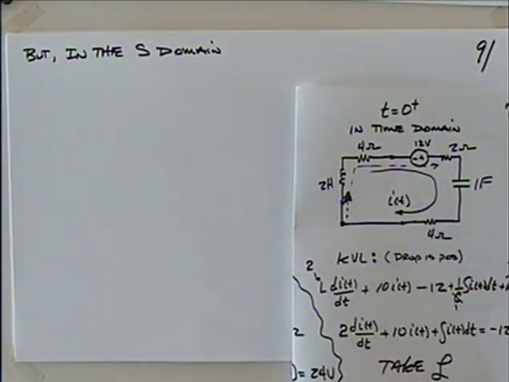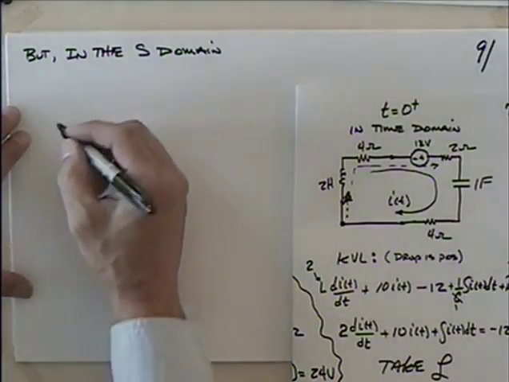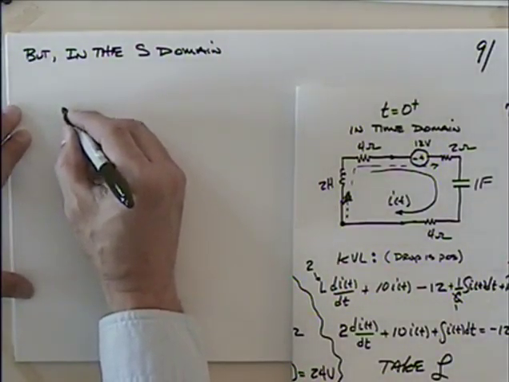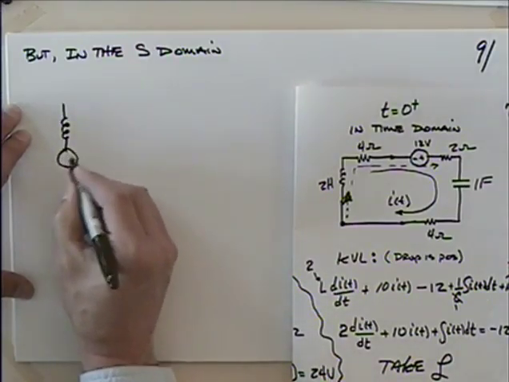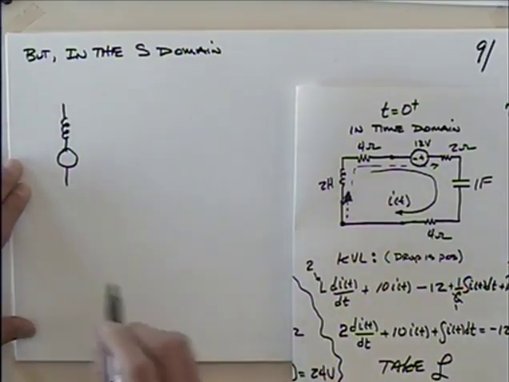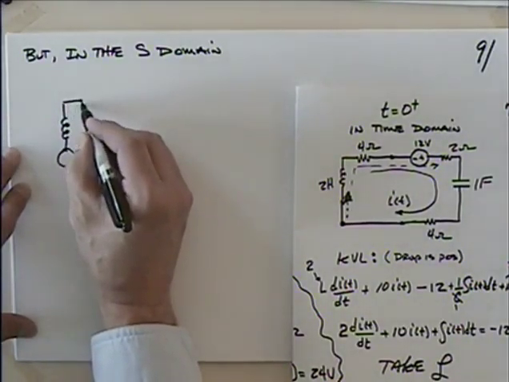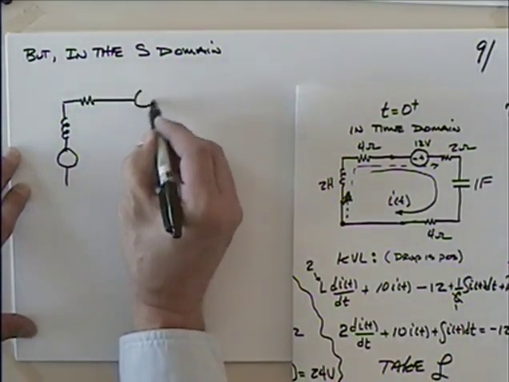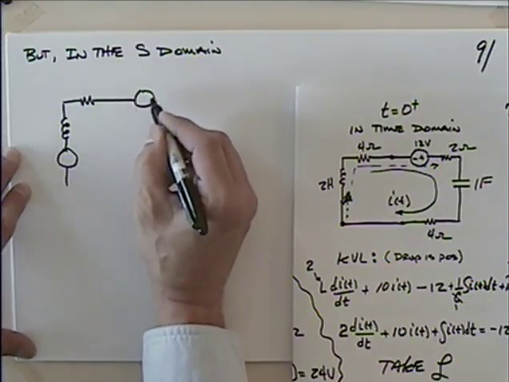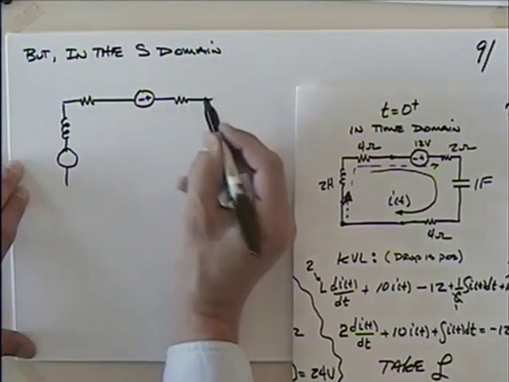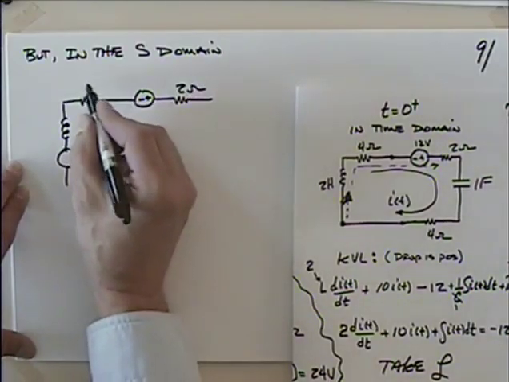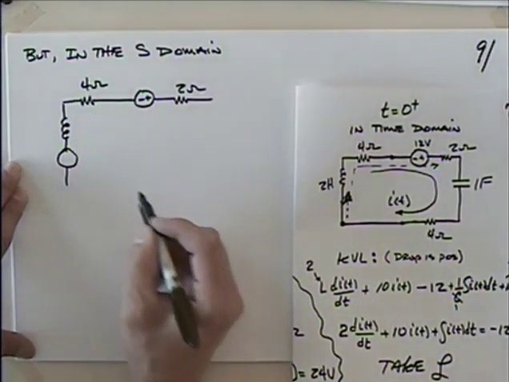I kind of like analyzing it as a loop, so I think I will use an inductor that is in series with a voltage source. So I'll have this inductor here, and I'll have this voltage source. And of course the resistor, that's easy. The voltage source, that I have to be a little careful with. Resistors again, easy, 2 ohms, 4 ohms.